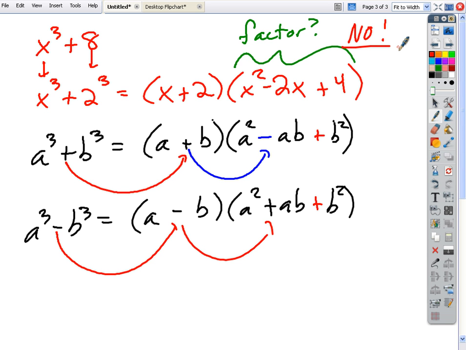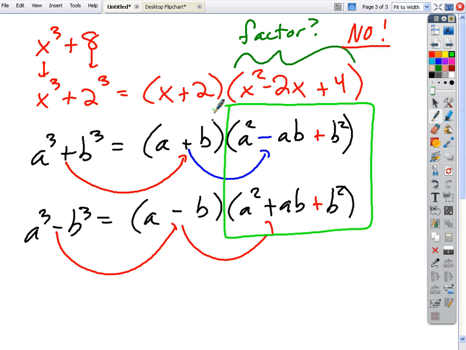It's a quadratic factor with no real zeros always. If we were to set this equal to 0 and solve, we would only get i's every time coming out of this part. So we're done factoring. As soon as we apply the pattern, we're done.